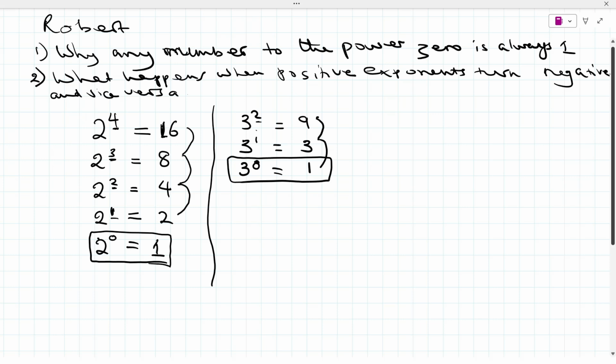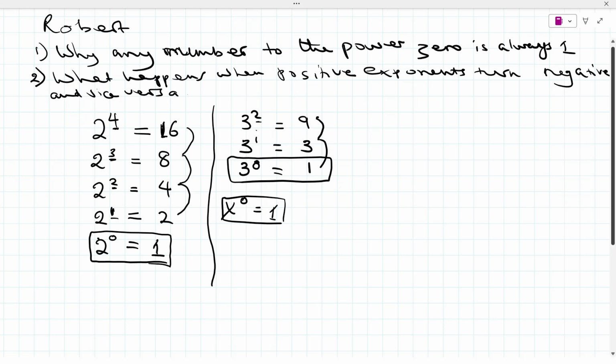So generally speaking, any number x to the power 0 is always equal to 1. This is a golden rule that we have to follow in algebra, and it will help us very much in solving problems in algebra.